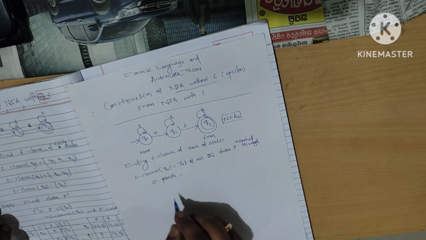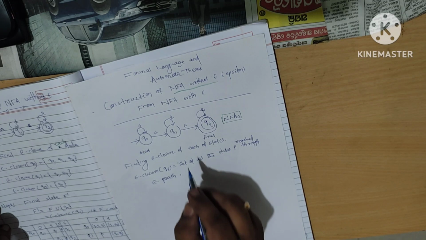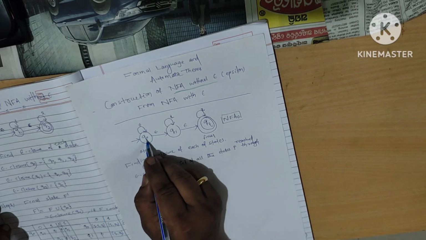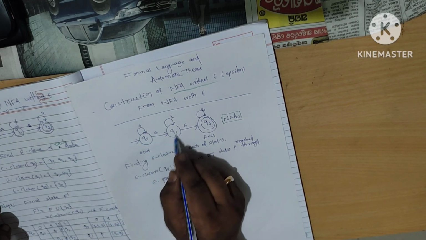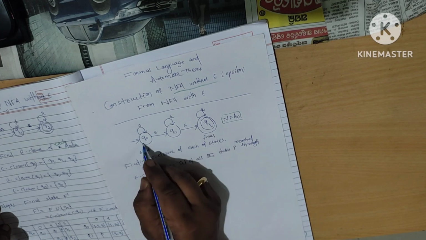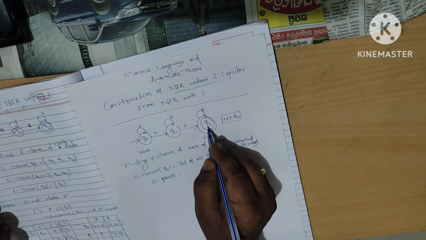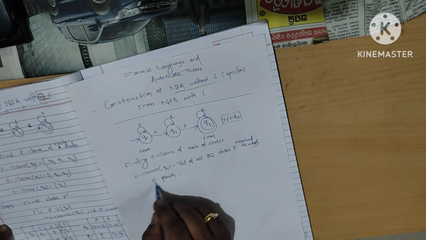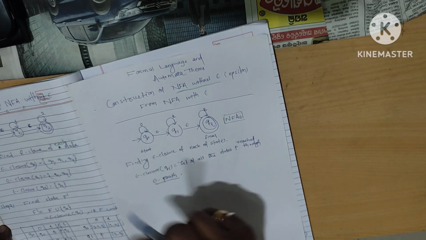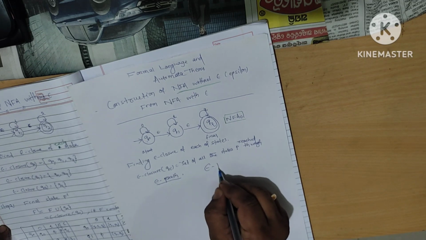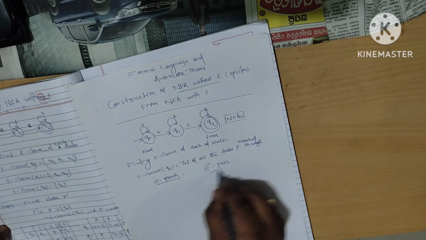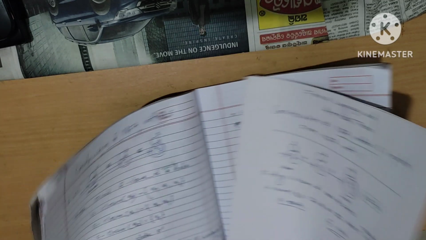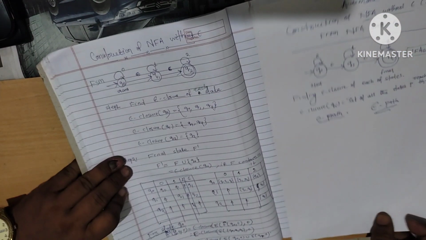What is that epsilon path here? You can see that from Q0 to Q1 there is an epsilon. From Q0 there is also a path to Q2 on an epsilon path. Remember that I said it is an epsilon path. Epsilon path.